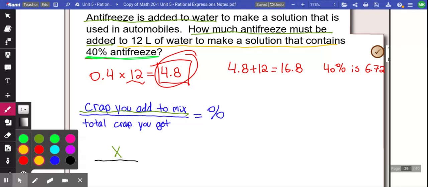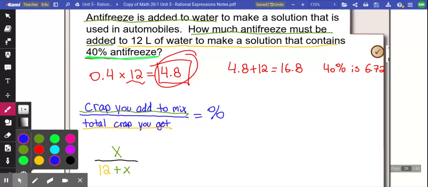Okay, the total amount of crap I get is not 12. 12 is how many liters of water I have. But then I added my antifreeze. So the total crap is the 12 liters of water plus the X amount of antifreeze that I added.